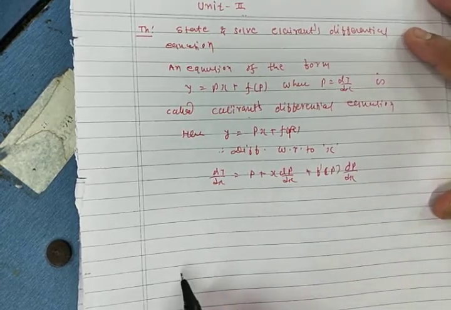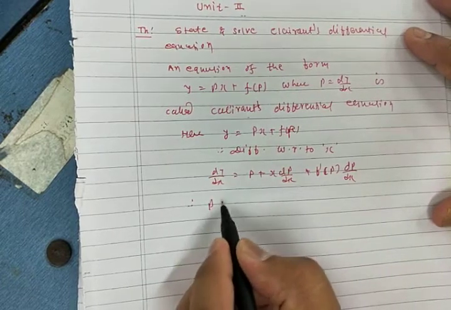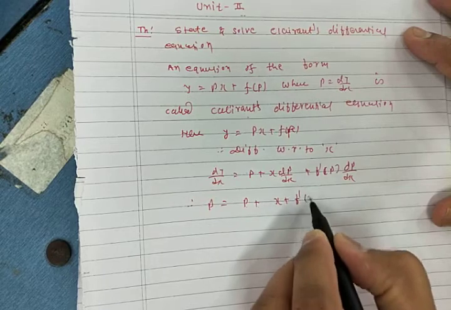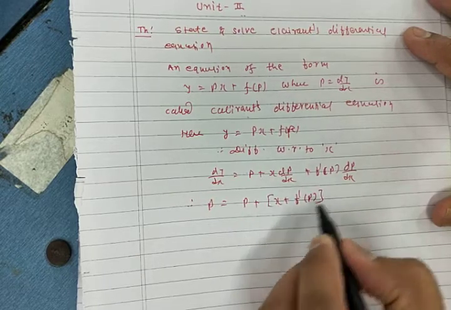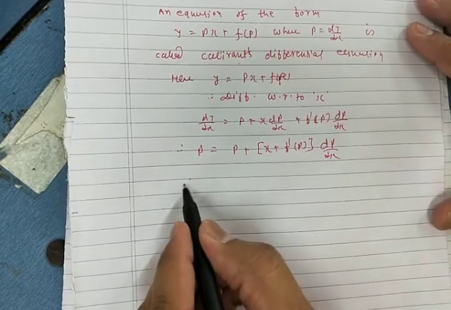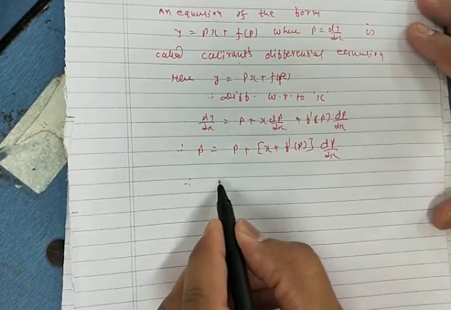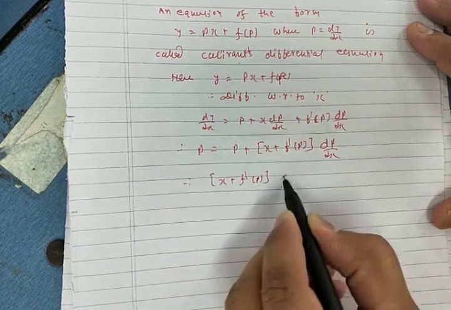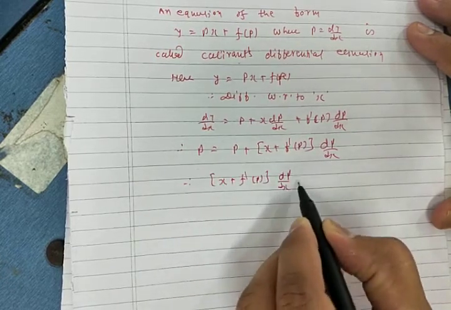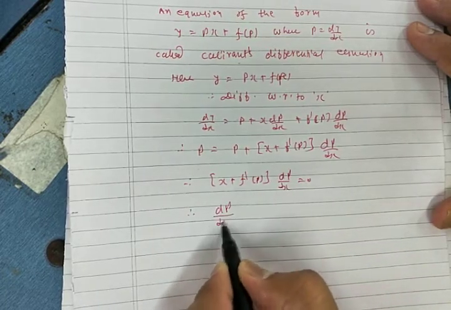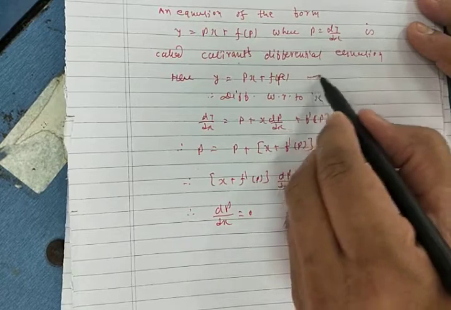It is easy to differentiate it. Therefore p is equal to p plus x plus f dash p into dp by dx, and therefore x plus f dash p into dp by dx is equal to 0, and hence dp by dx is equal to 0.